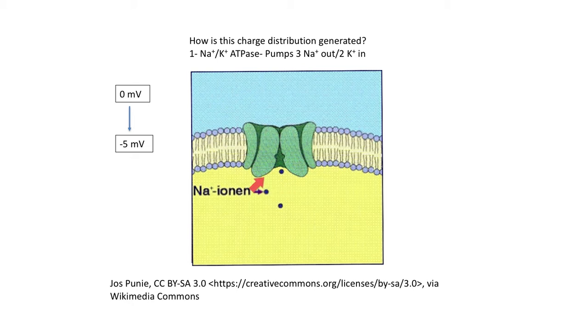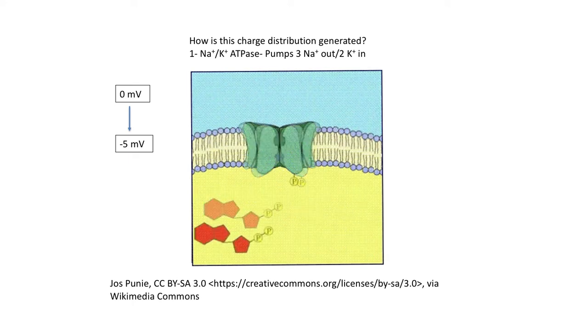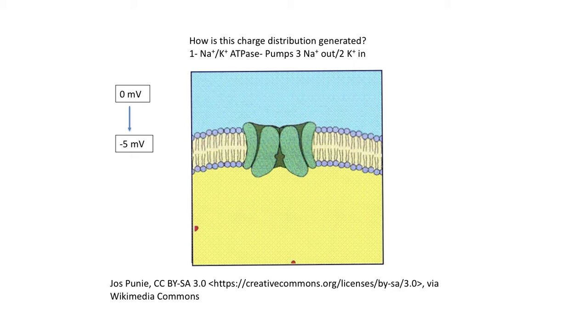So this is the pump sitting in the plasma membrane. You may see words here that are not English, but that's okay. It shows the process nevertheless. So these are supposed to be sodium ions sitting inside the cell. It's using the energy of ATP to pump sodium out of the cell, and then it brings potassium inside the cell.